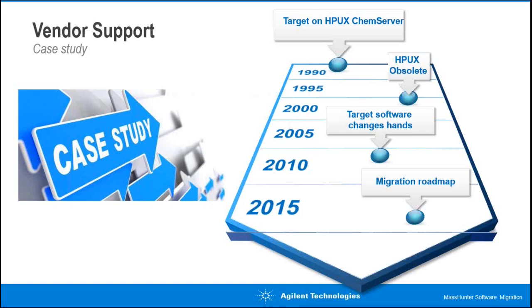Going back to the PC revolution, the PC price performance that kicked in the late 80s forced an obsolescence of HPUX here in the late 90s. What happened then is Target moved from the X Windows display to PC displays after that, and then later Target changed hands, and then we're talking today in 2015 about Target.